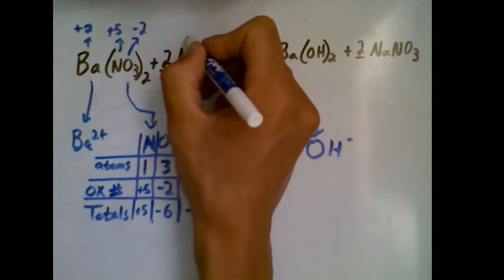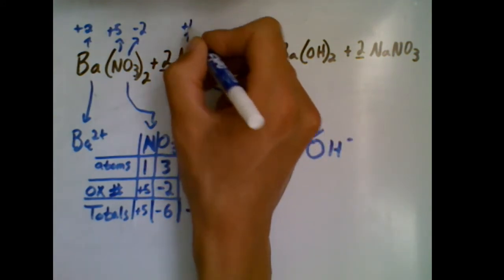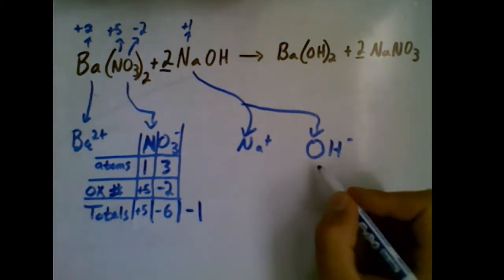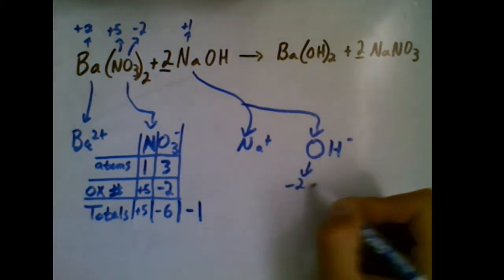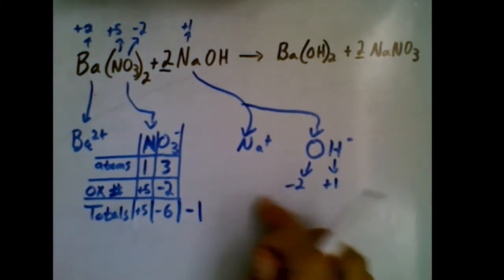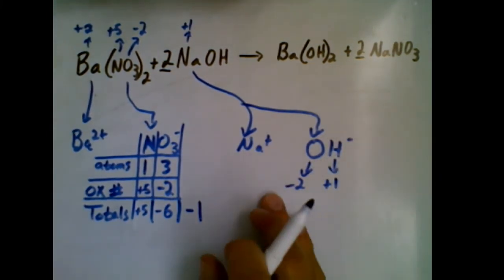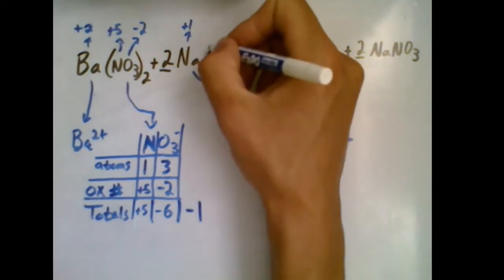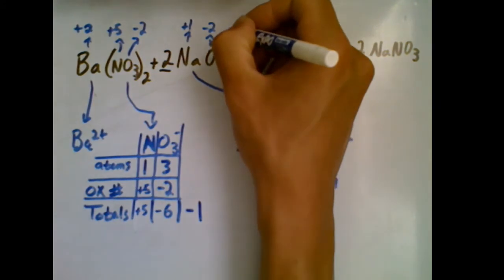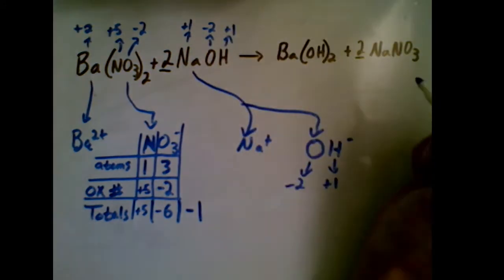So that means sodium has an oxidation number of +1. Then the hydroxide, well, oxygen has to have a -2, hydrogen has to have a +1. You add those together, and you're going to get that -1 as the total sum. So oxygen is a -2, hydrogen +1.